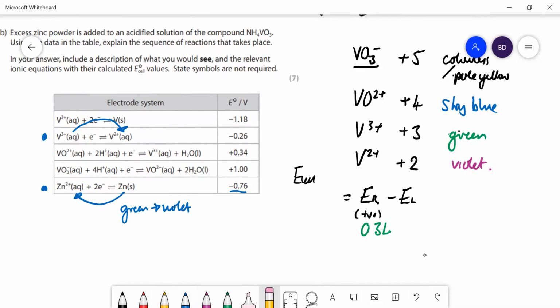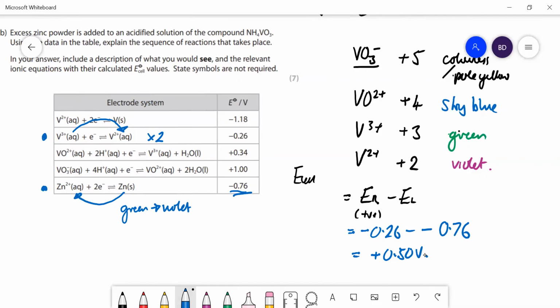All right, let's do E cell for that. Well, we've got the most positive, which is minus 0.26, minus 0.76 for the zinc, so that gives us plus 0.5 volts for that one. That's E cell. Right, the equation. Once again, we're going to have to multiply this one by 2 because that is a 2 electron process, and the zinc is only 1.